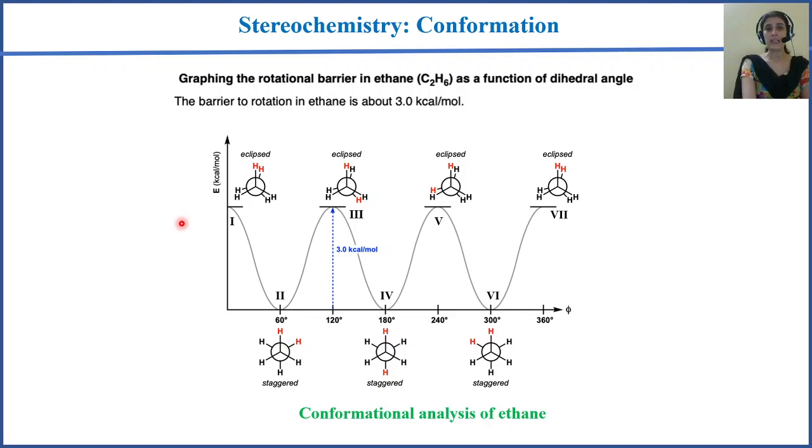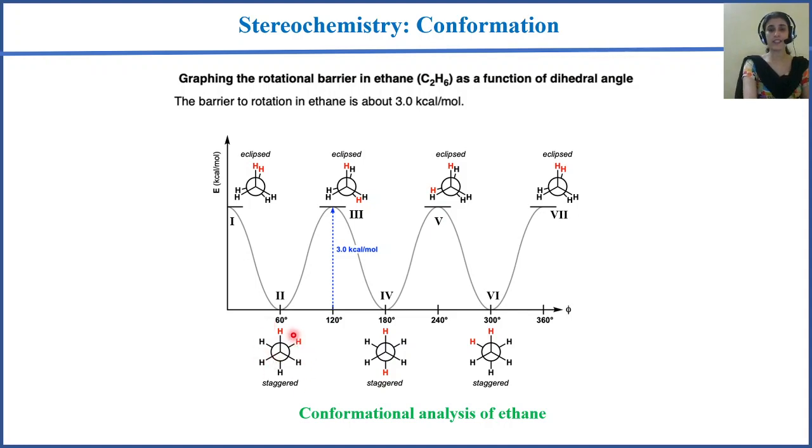What does it mean? If we plot this curve, you know that this is the eclipsed conformation of the ethane molecule. If we keep the front carbon fixed and rotate the back carbon by 60 degrees each time, after 60 degrees we will get this one.